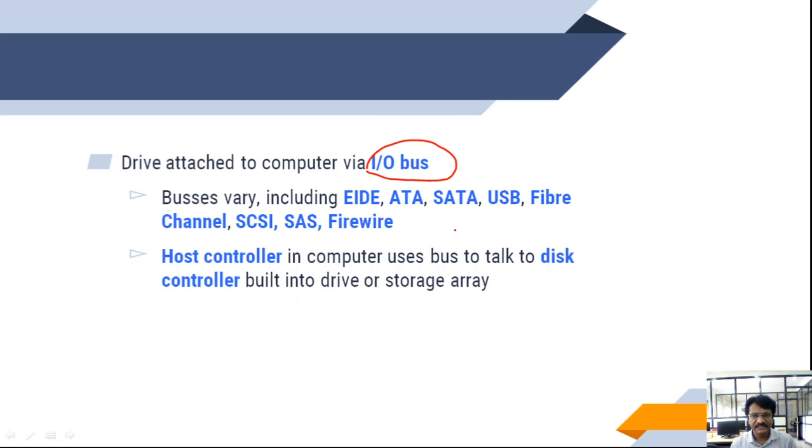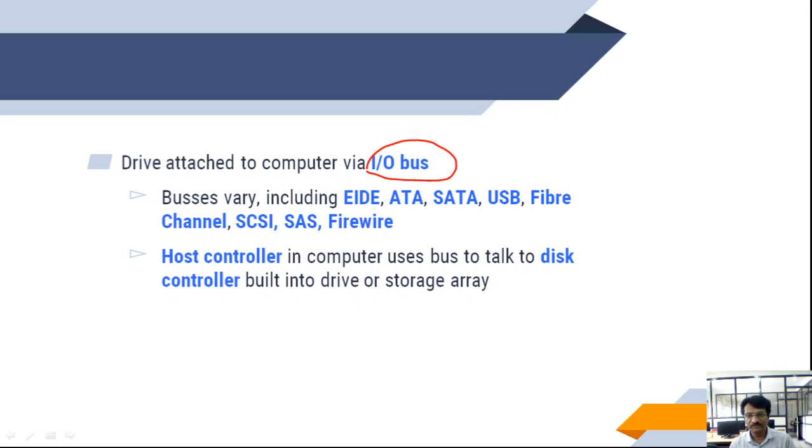One is EIDE, Enhanced Integrated Drive Electronics. Another is ATA, Advanced Technology Attachment. Another is Serial ATA, that is SATA. And Universal Serial Bus, that is USB, most widely used. Fiber Channel, FC, and Small Computer System Interface, that is SCSI. These are the different buses which help us transfer the data.